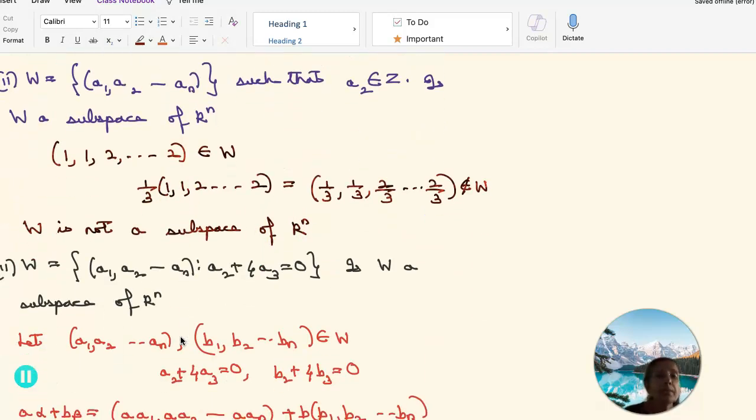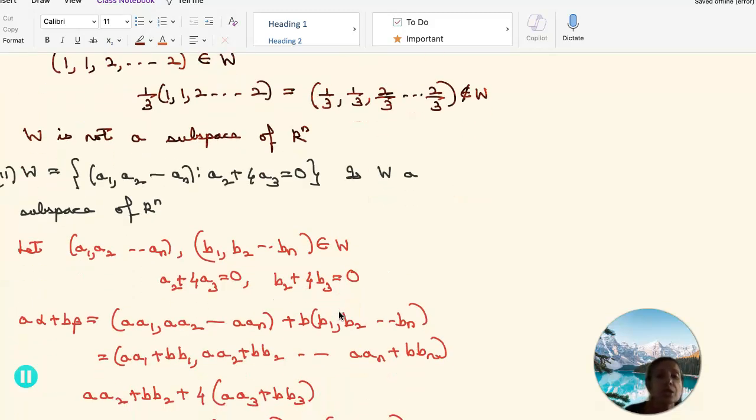Coming to the third example and the last one, let W equal the set of (a1, a2, ..., an) such that a2 plus 4a3 equals 0. Is W a subspace of R^n? So again we are going to prove that it is a subspace here. I take two elements (a1, a2, ..., an) and (b1, b2, ..., bn) belonging to W. So this condition will be satisfied: a2 plus 4a3 is 0, b2 plus 4b3 is 0. So a alpha plus b beta will be a into (a1, a2, ..., an), that is (aa1, aa2, ..., aan), plus b into (b1, b2, ..., bn). So what happens when you add it?